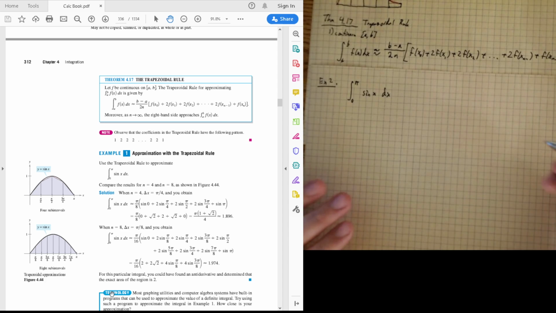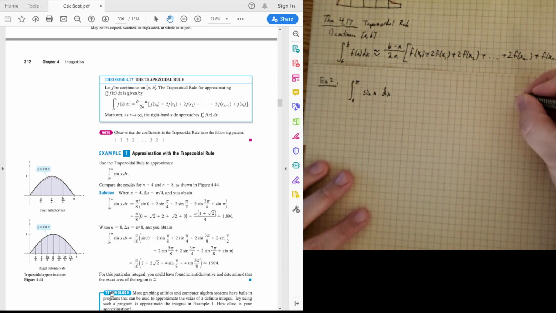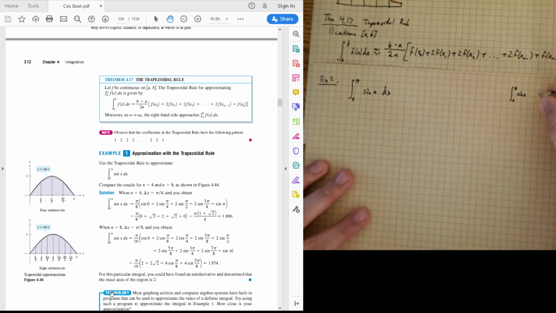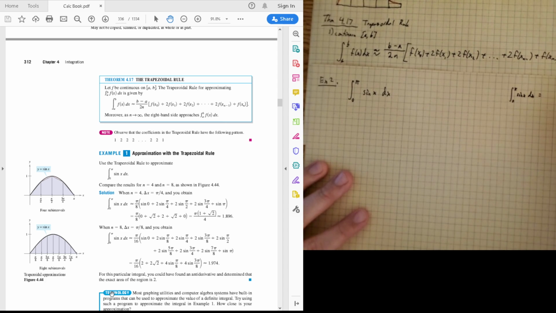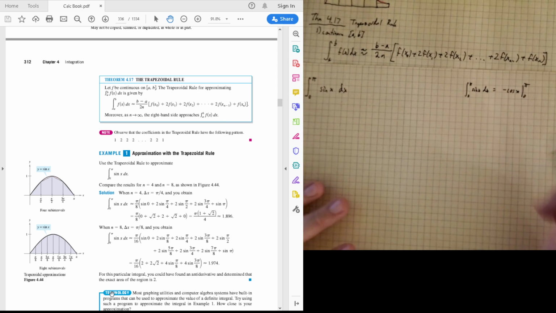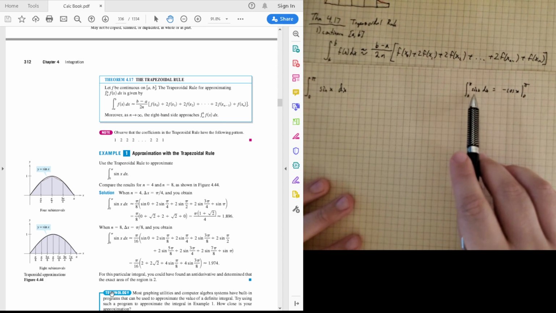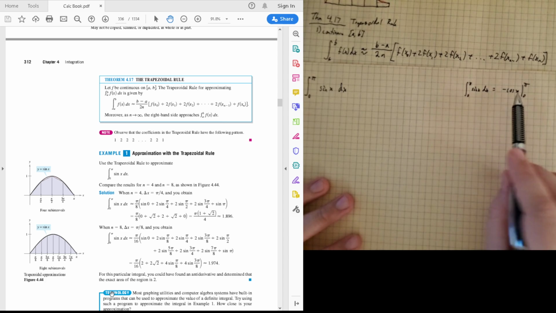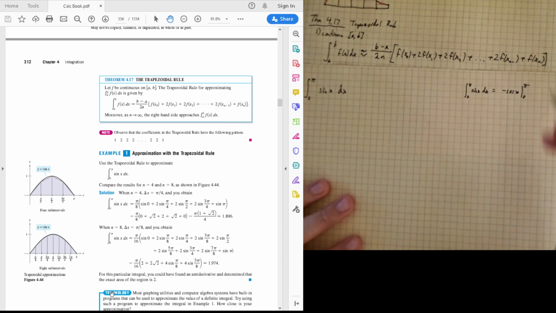Unlike last time, this time I'm going to go ahead and find my solution by a standard technique. From 0 to pi of sine x dx, the integral of sine is negative cosine of x between 0 and pi. So that's your standard conversion. And then we plug in.